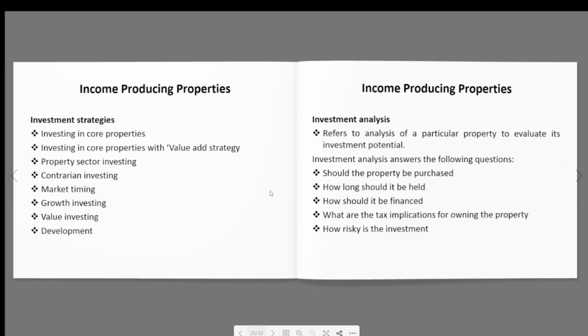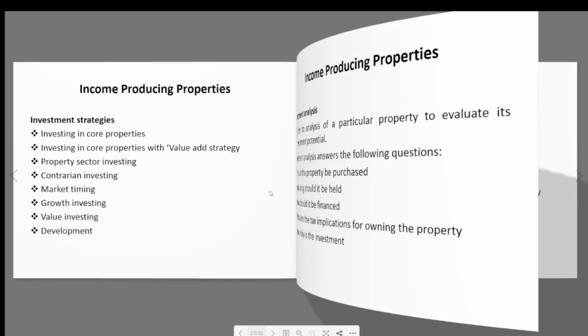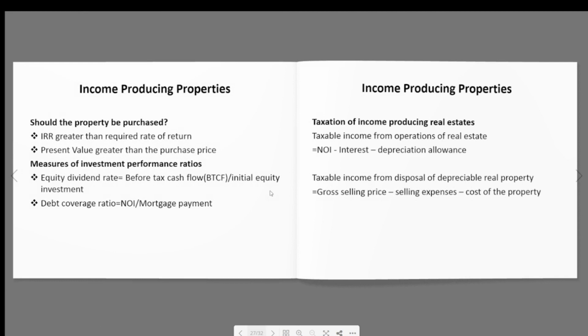How risky is the investment? So how do we know whether a property should be purchased? The internal rate of return will be greater than the required rate of return. The present value will be greater than the purchase price.